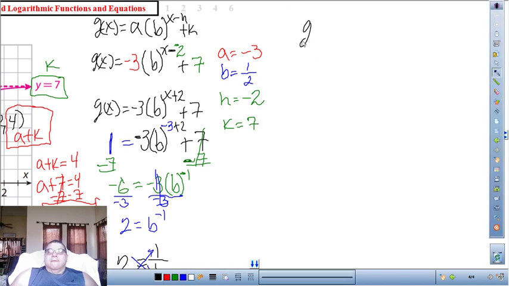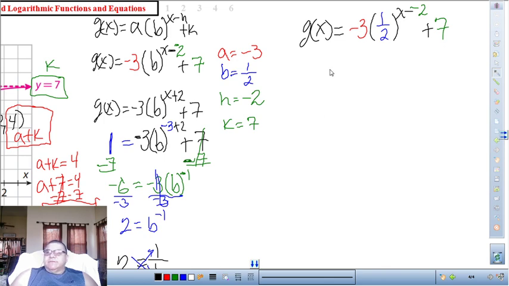So let's see. g of x equals, let me write with the same colors, negative 3 for a, times, what was b? 1/2. Then we got x minus, but what is h? Negative 2. And then at the end, plus 7.